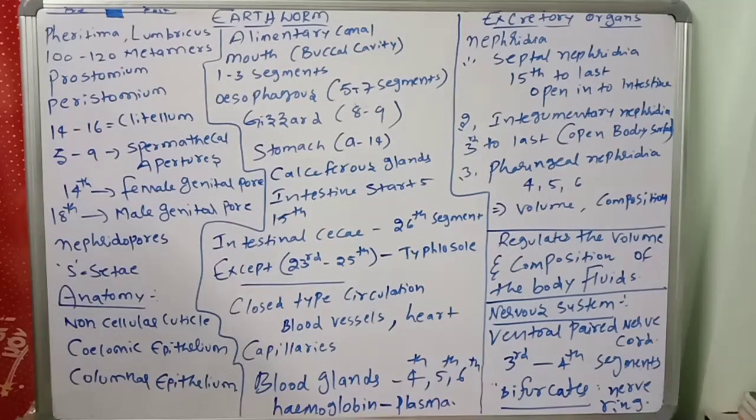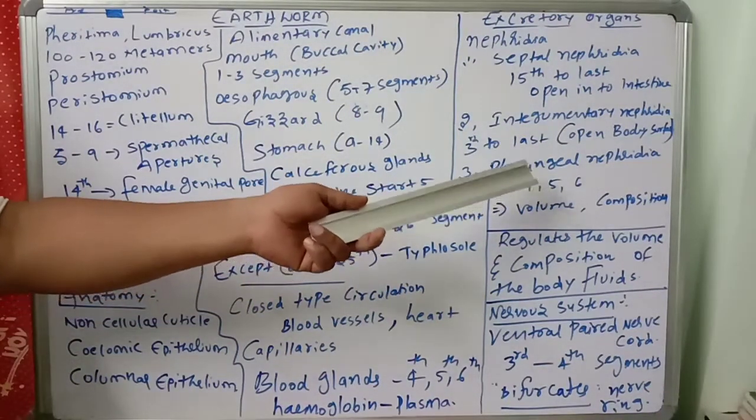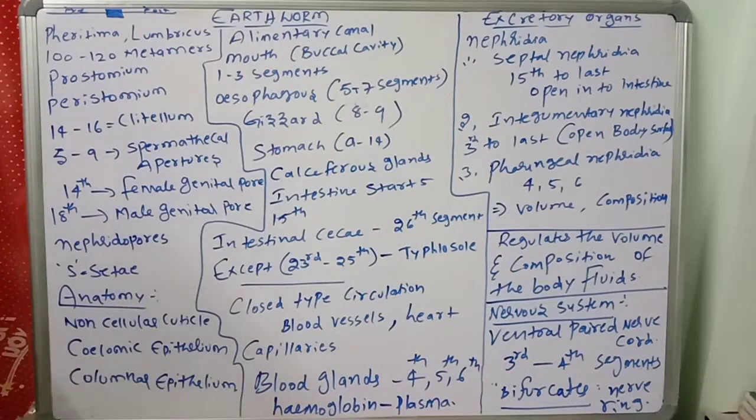A nephridium starts out as a funnel that collects excess fluid from the coelomic chamber.